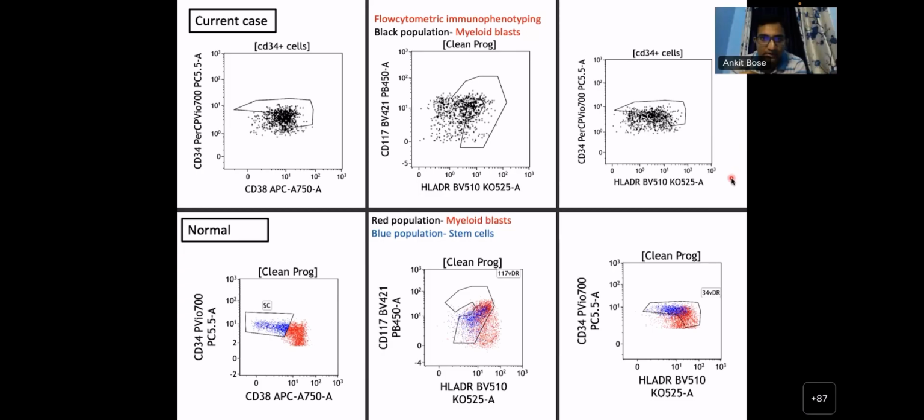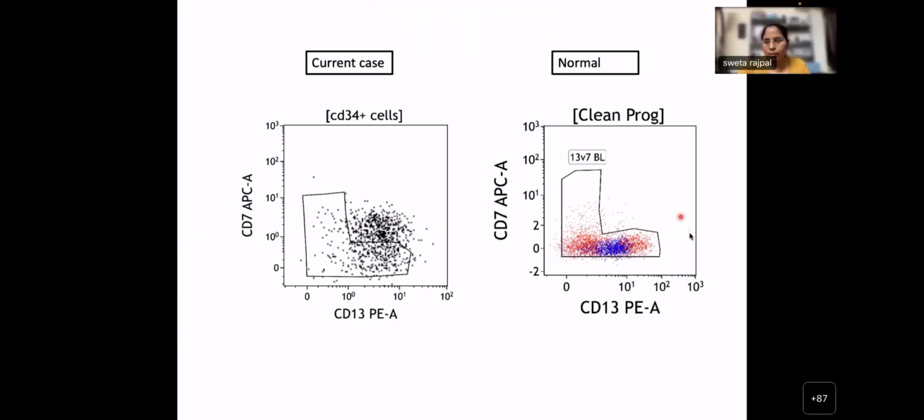That is, it is becoming less and less. Right. So now if we see another plot here, Ruvini, would you like to comment on this? On the left side is our current case, right side is a normal CD7 versus CD13 plot for myeloid blast.